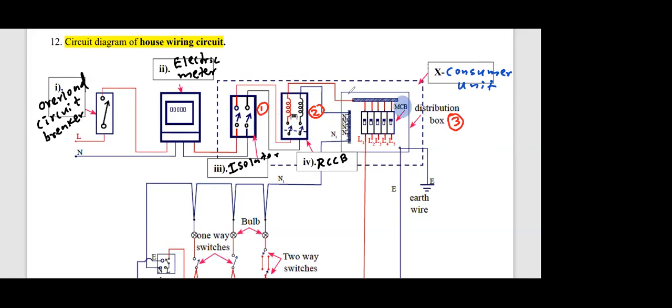What is MCB? MCB means miniature circuit breaker. So those are the main components. Now you can see from this D board, or sometimes we call it distribution box, L1, L2, L3, L4, L5.